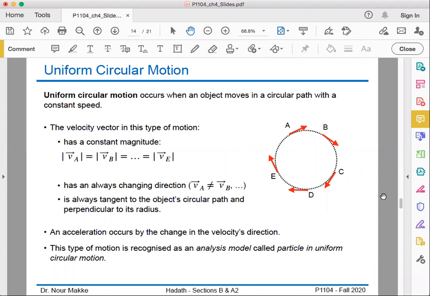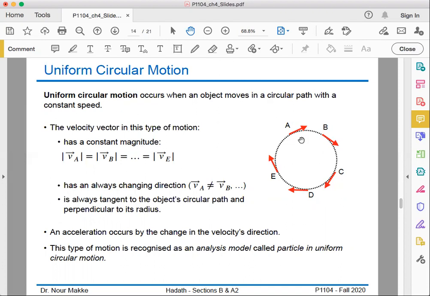That means that the particle is moving along a circular path, and the magnitude of its velocity does not change as a function of time. Here we have a figure that illustrates this example. As you can see, the velocity vector in this kind of motion, which we call uniform circular motion, has a constant magnitude.